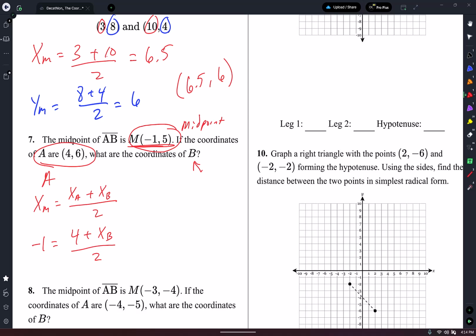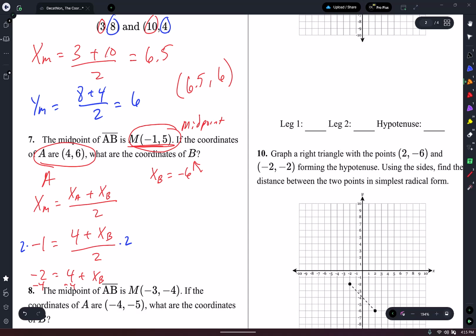So I'm going to solve for X of B. Do you guys see what we're doing? Okay. Times 2, times 2. Whatever you do to one, you do to the other. So now I have negative 2 equals 4 plus XB. And then all you got to do is subtract 4. Minus 4, minus 4. So here's my X coordinate for B. Negative 2 minus 4, that's negative 6.